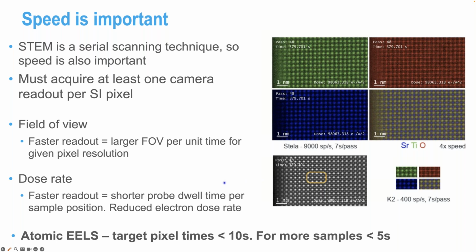So the drift correction just works really, really well. So speed is important, and essentially these counting cameras allow us to go at these crazy high speeds, which is fantastic. So that's an overview of the technology, the history, and now we're going to walk through the application examples that I want to focus on.